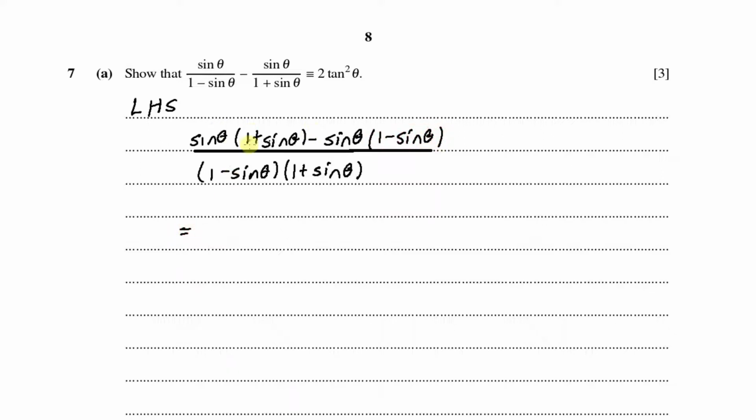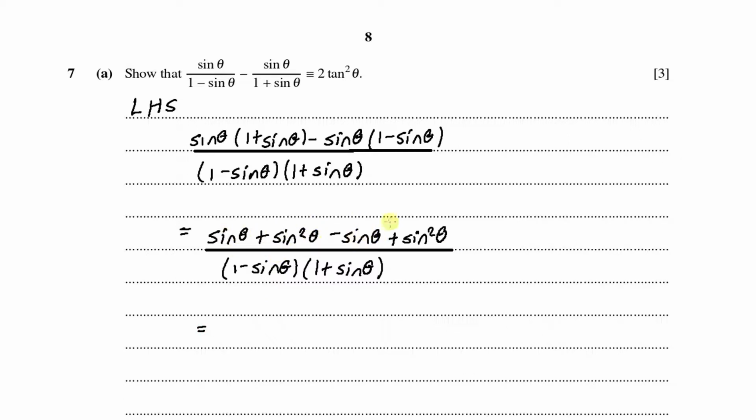Here, I will simplify the bracket. So sine theta times 1 is sine theta. Sine theta times sine theta, that's sine squared theta. Minus sine theta times 1, that's minus sine theta. And minus sine theta times minus sine theta, that would be plus sine squared theta. And it's all divided by the denominator here.